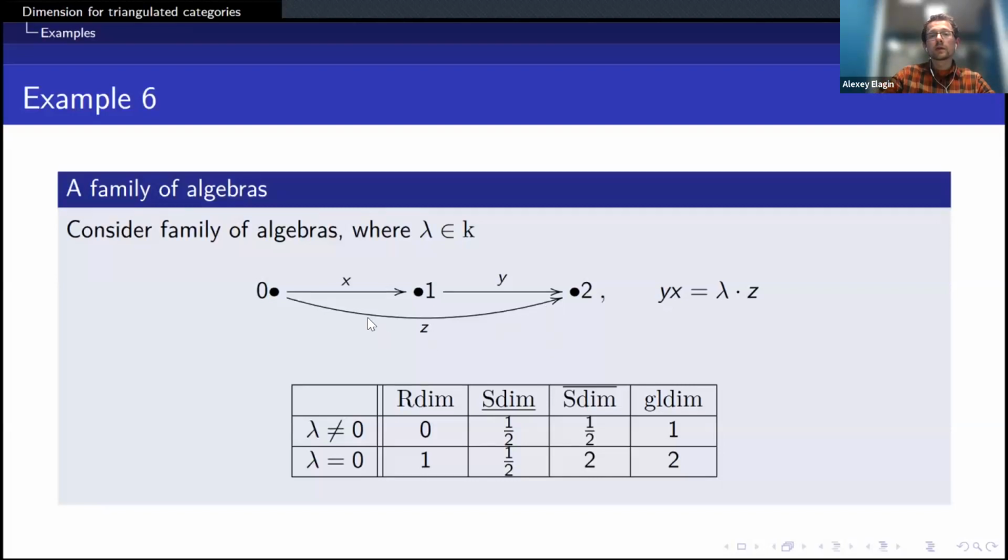So you can see the quiver, and I put a relation saying that the composition of x and y is lambda times z, where lambda is some scalar. So changing this lambda, we get a family of algebras and a family of categories. And of course, we have two essentially different fibers of this family: lambda is 0 and lambda is not 0.